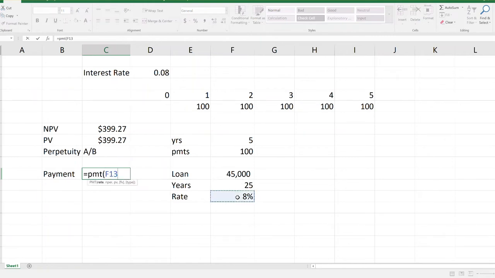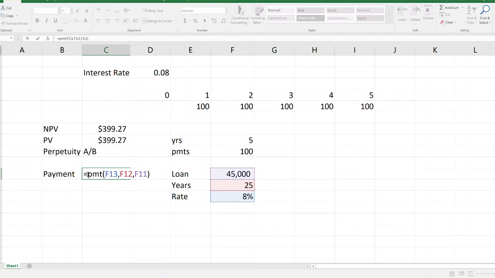So where's the rate? Right there, comma, number of periods, right there, comma, present value, what I'm borrowing today, and then that's it. I know it has future value and type, but notice those are in brackets and it doesn't necessarily need those. That just means we would want to figure out the payments for a future value, but we don't. So we hit the parentheses.